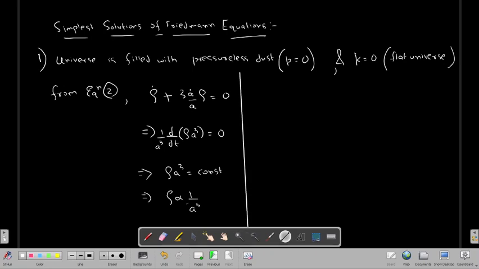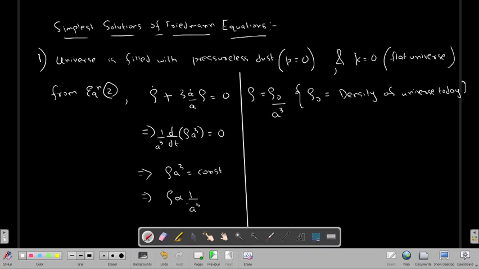If I fix the proportionality constant, I write rho is equal to rho 0 by a cubed, where rho 0 is basically the density of the universe today.